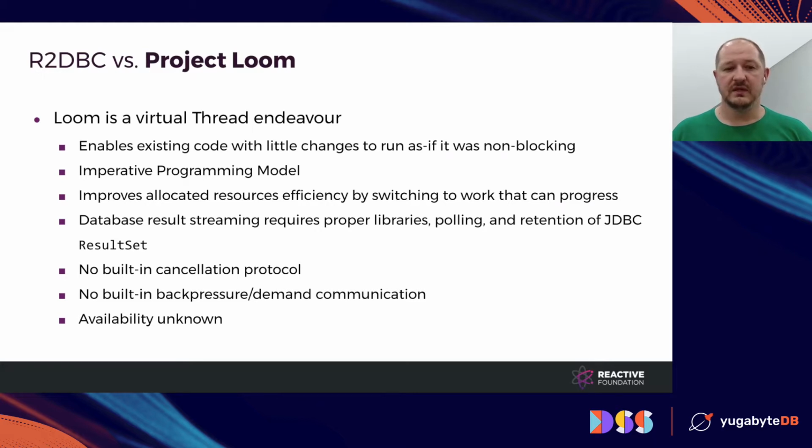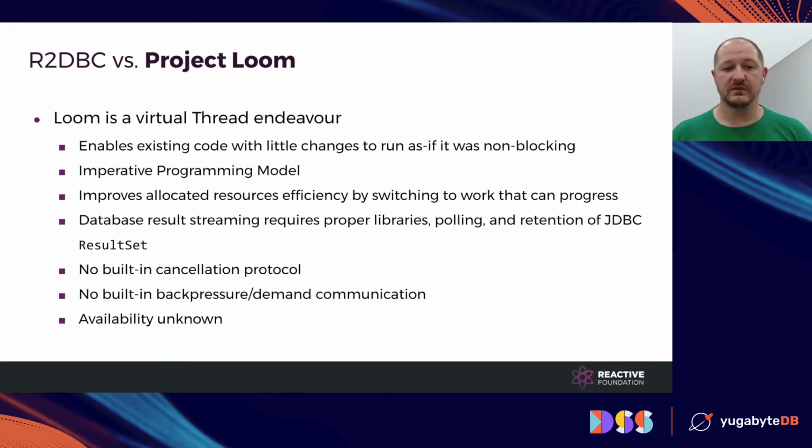Project Loom is a virtual threading endeavor that rewrites major parts of the JVM so that you can run blocking code as if your application was using non-blocking utilities from the get-go, from the start. And this gives applications, especially existing applications, a huge boost.